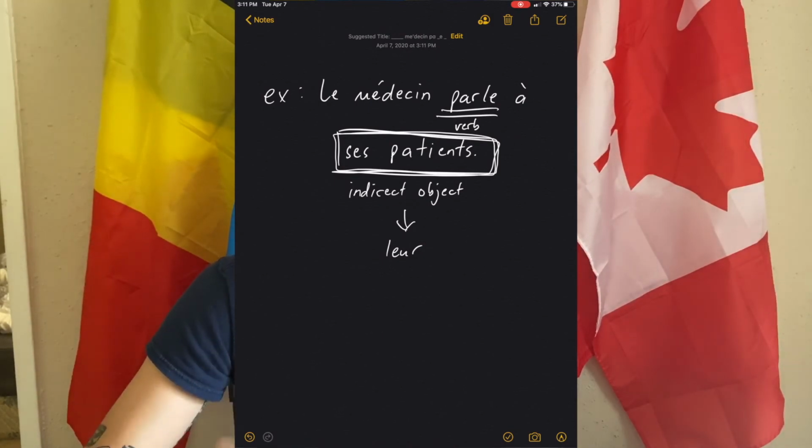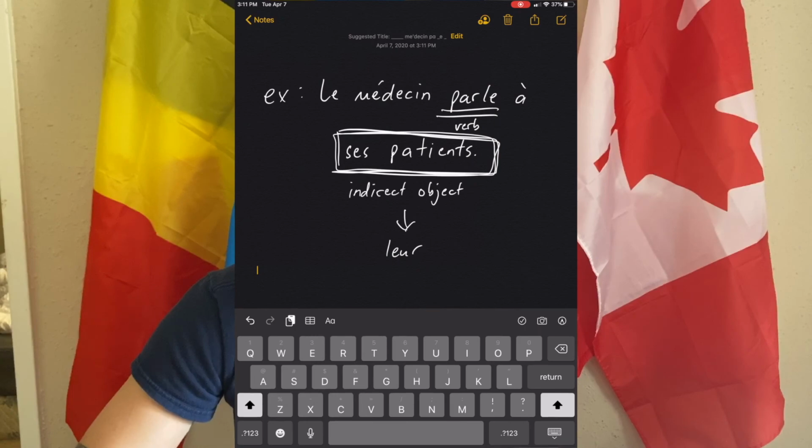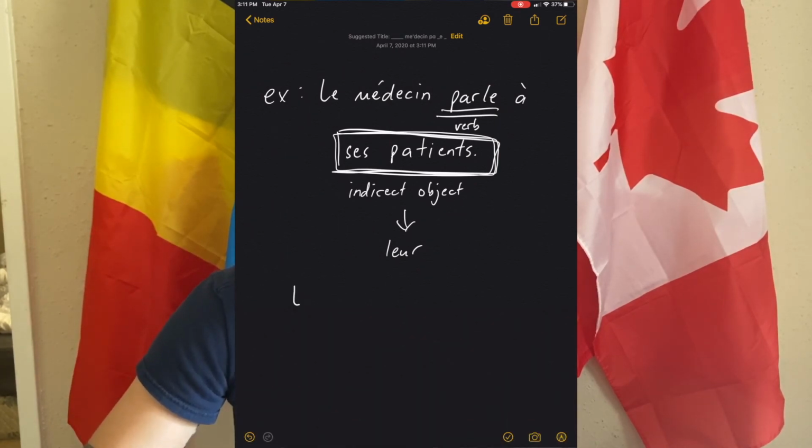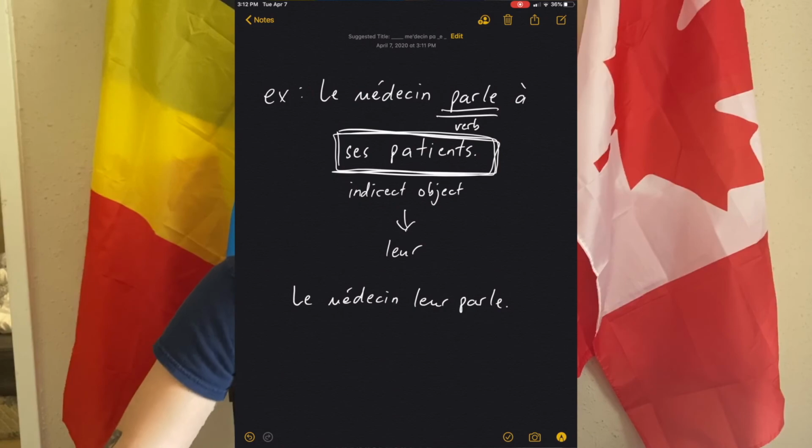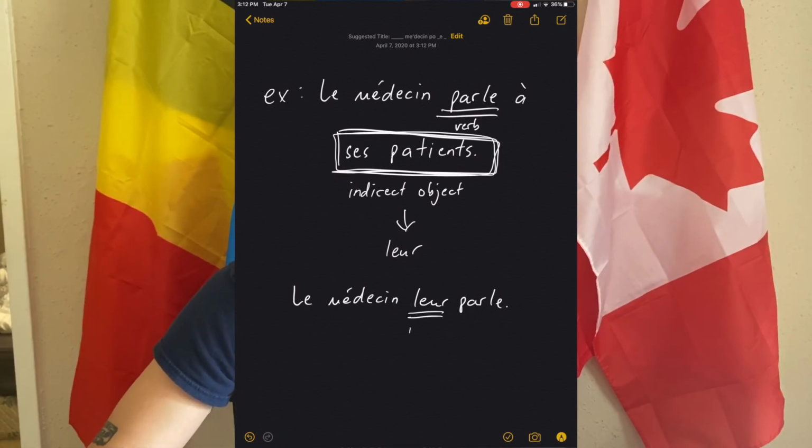Before the verb. So now if I want to rewrite my sentence, it's going to be le médecin leur parle. So here's my indirect object pronoun coming before the verb.